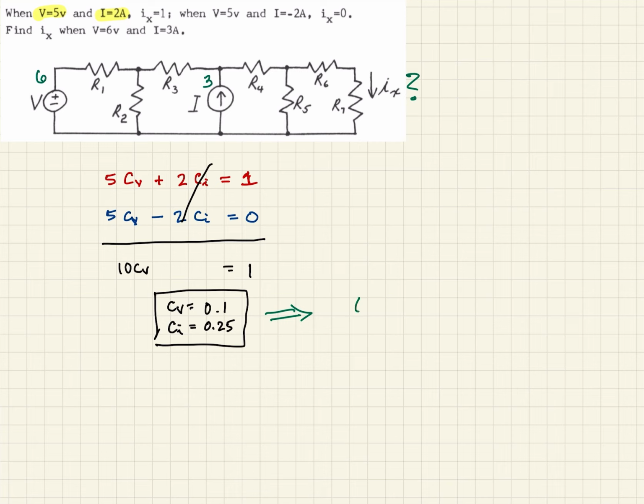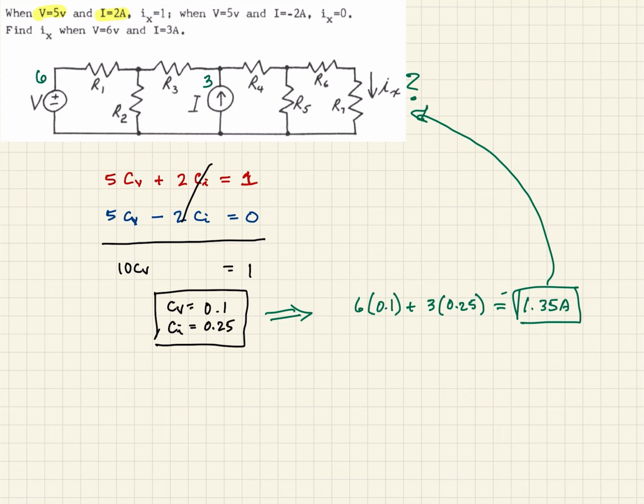So now we'll have 6 times 0.1 plus 3 times 0.25. When we calculate that out, that comes to 1.35 amps. So under those conditions, that's what this current would be.